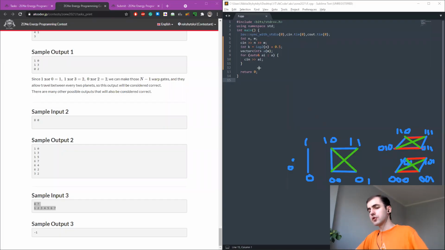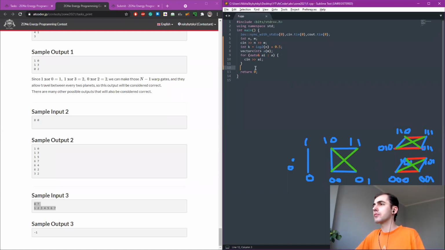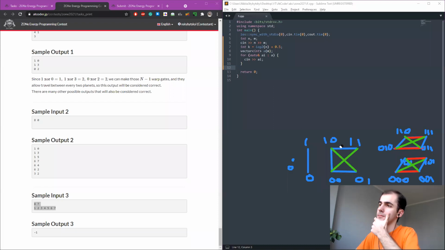Right. So I will explain my approach. Wait. So you see, there are multiple ways, I believe, to separate our graph to make it not connected.